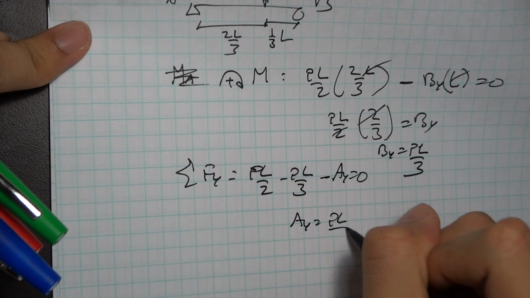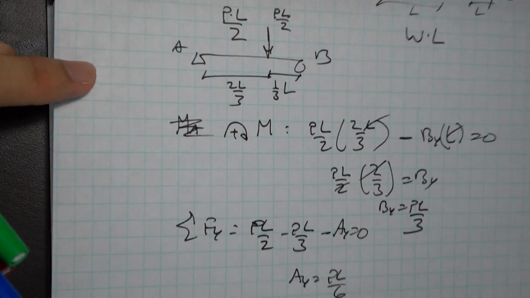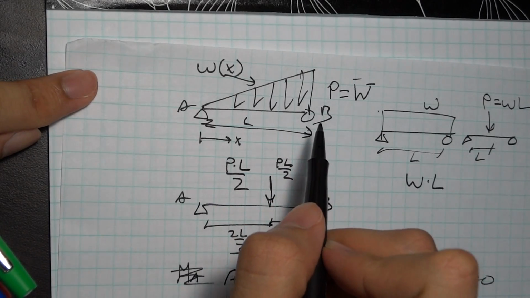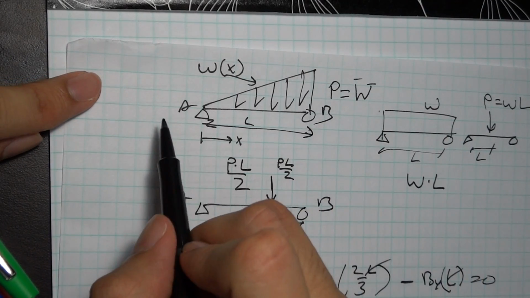Ay equals PL over 6. And this makes sense, because most of the load is concentrated over here, so the reaction force at B should be higher than the reaction force at A.